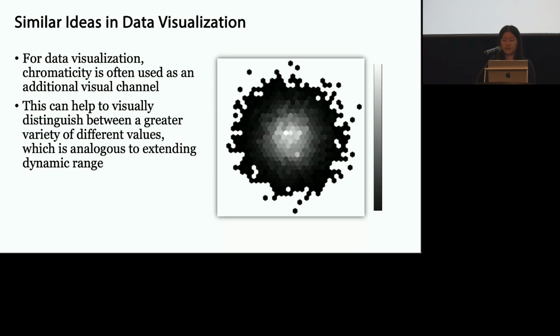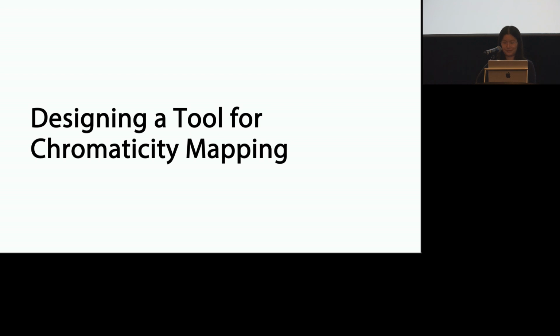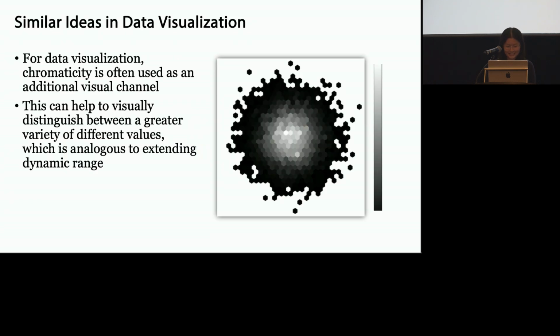This is very similar to how some data visualizations use chromaticity to increase the visual bandwidth of a color map, which can help us distinguish a greater variety in the data here.